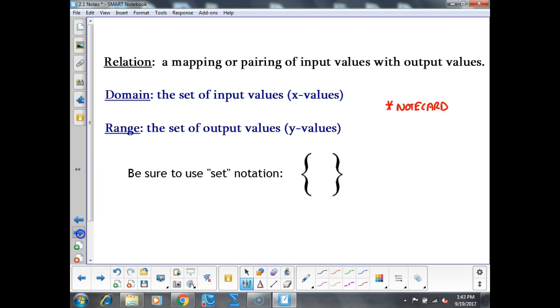We give the domain and the range in set notation. Set notation is those funky parenthesis bracket type things. Now, truth be told, my brain knows what those things are.